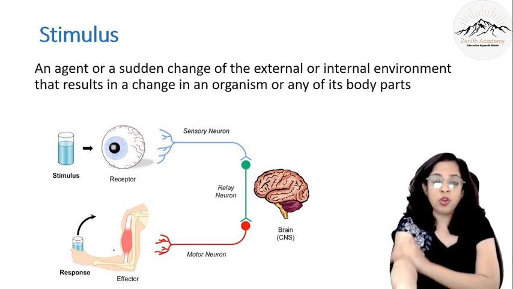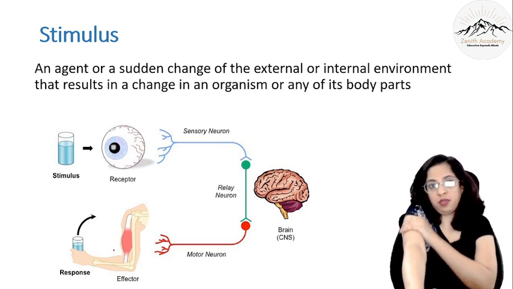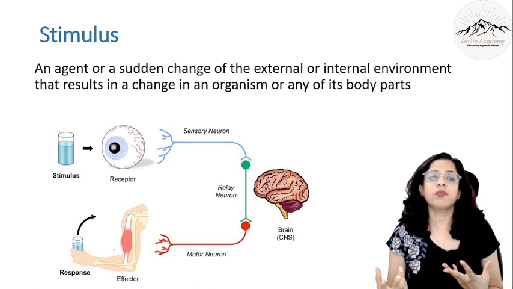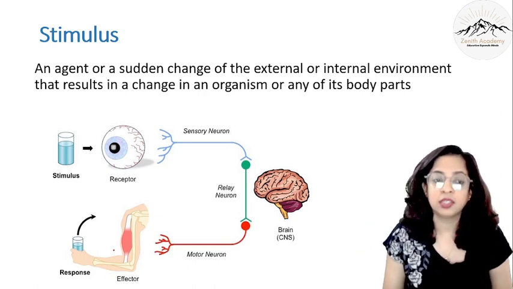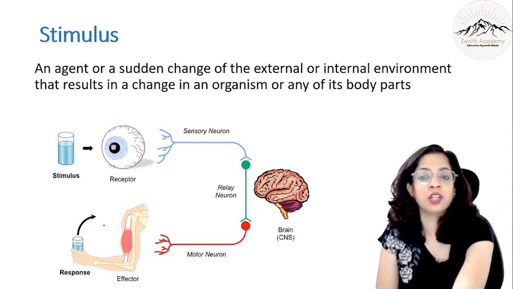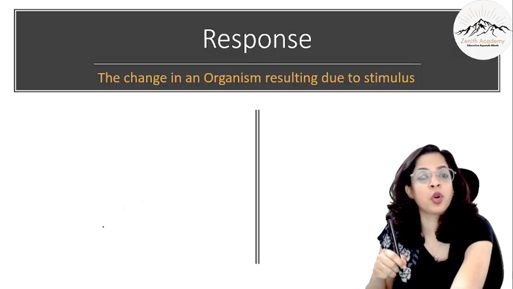It told your hands to stretch, the muscles stretch, and you were able to drink it, right? So the stimulus was a glass of water. So a stimulus is an agent or a sudden change of the internal or external environment that results in change in an organism or any of its body parts.